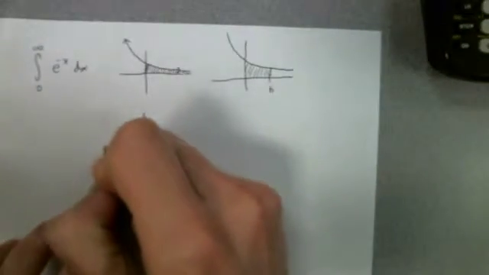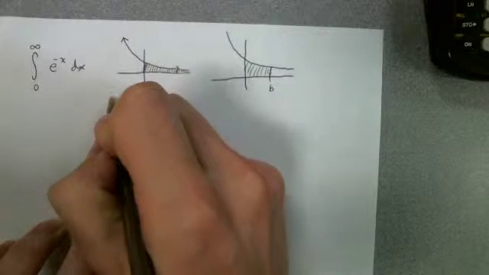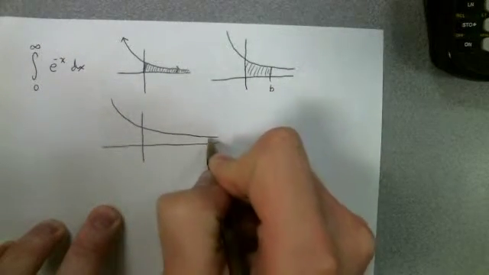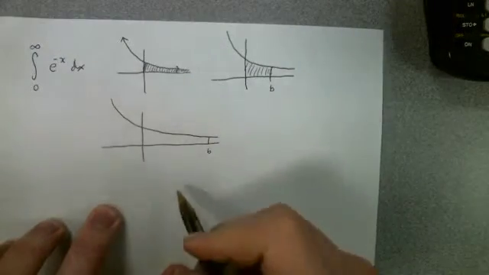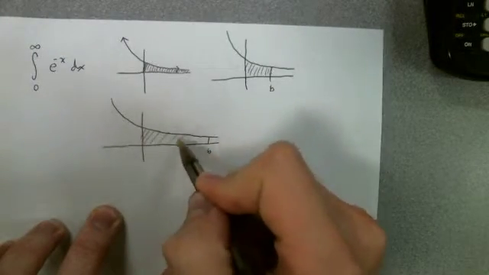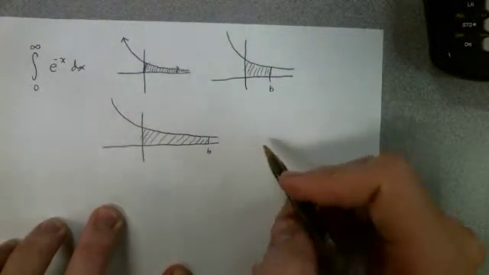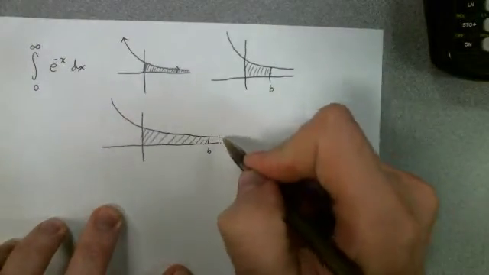And then we're going to push b out further. Let's say maybe b is way out here. Let's take all this area out to b and see what happens. And then we'll just keep pushing b further and further out.